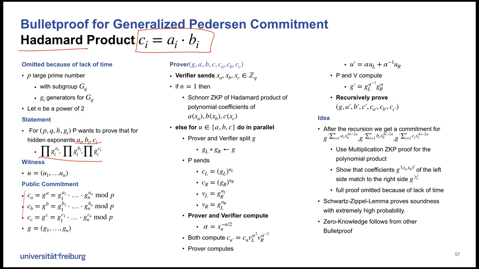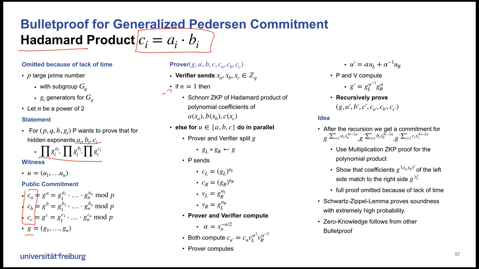So with CA, CB, CC, and you have some kind of generator G. And you can try to apply the same scheme, but with a slight modification. We'll go to this later on.